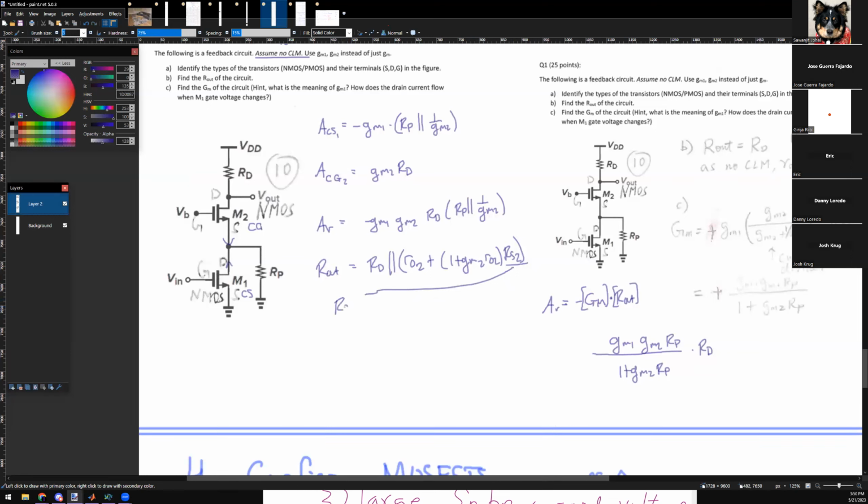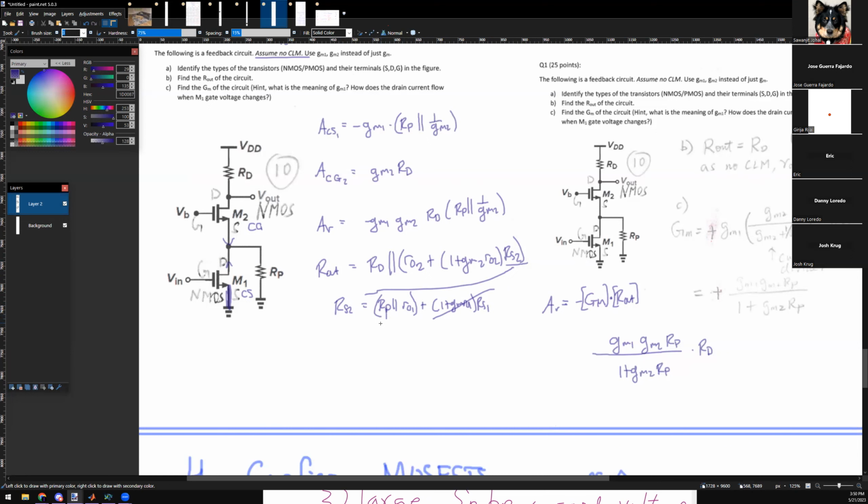Your RS2 is RP there? No, RS2 is RP in parallel with the impedance looking into the drain, which is going to be R naught 1 plus 1 plus GM1 R naught 1 RS1, but RS1 is 0, so this guy is nothing. So it terminates here: RP in parallel with R naught 1.